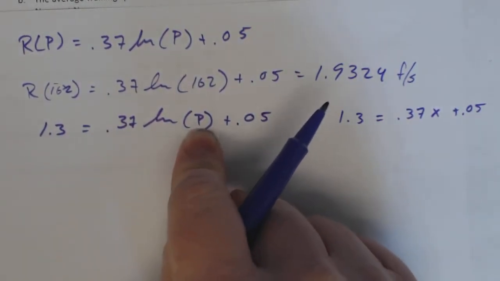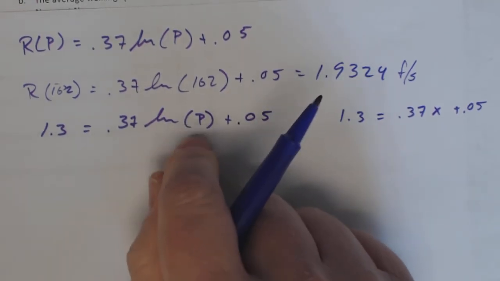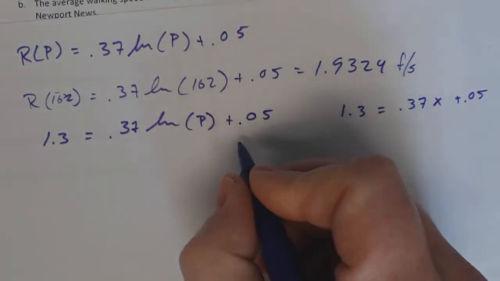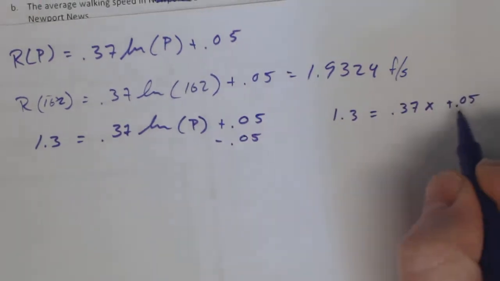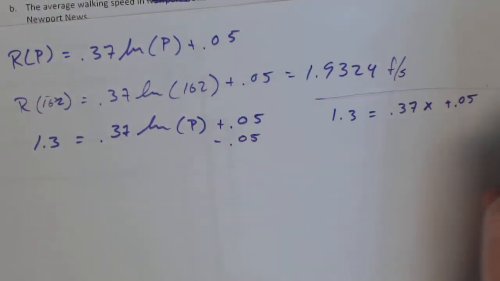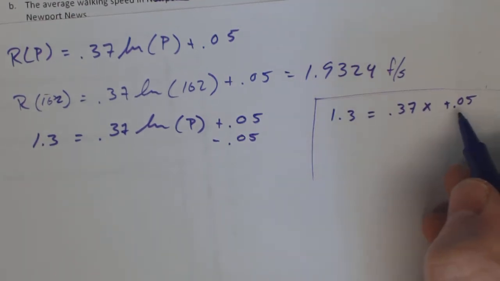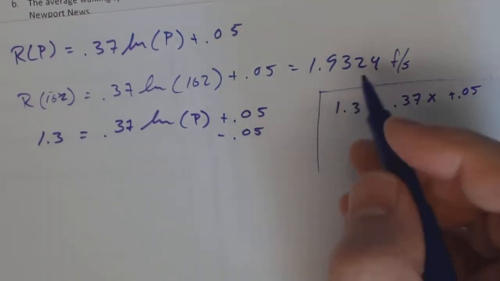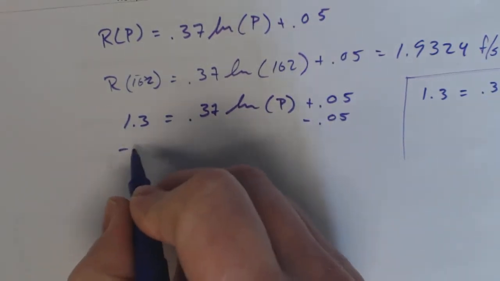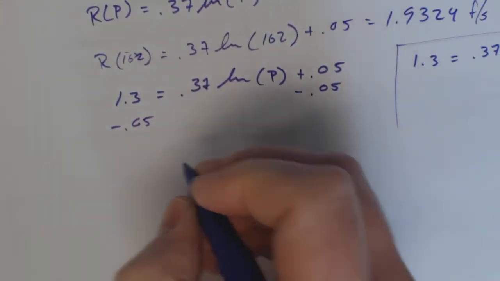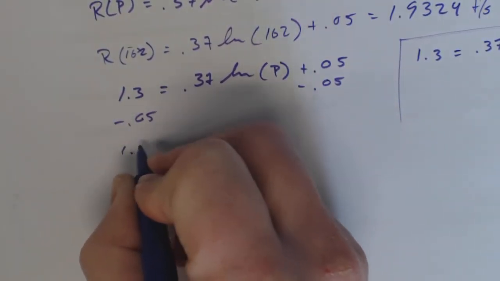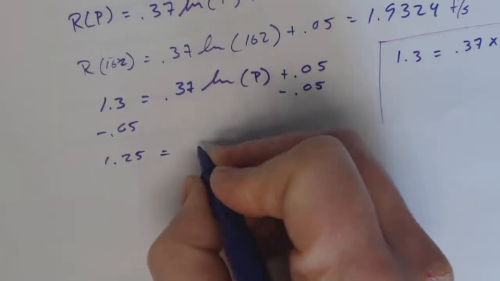There's a variable here, and that's the variable we're trying to get to. So we get rid of this first: you'd subtract, and then divide. So subtract off a nickel, and you'd get 1.25.